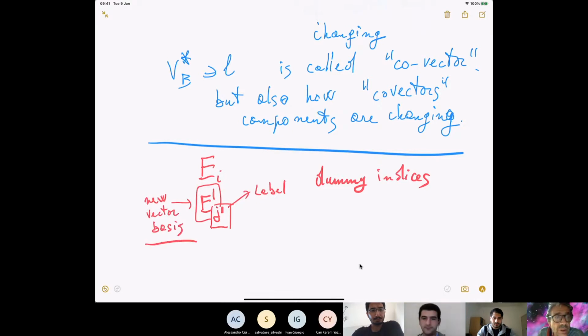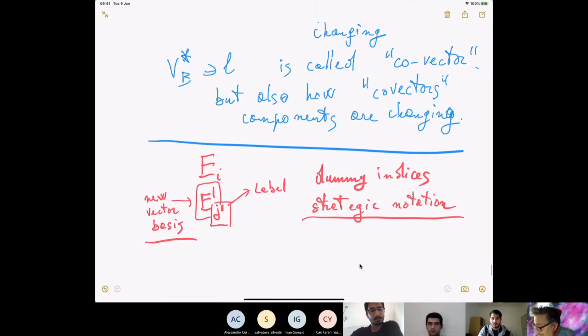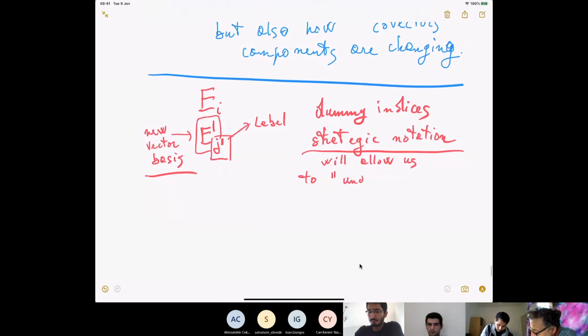In the calculations which we will do now, this strategic notation will show how important is the concept of change of basis, and this strategic notation will allow us to understand the meaning of our formulas.